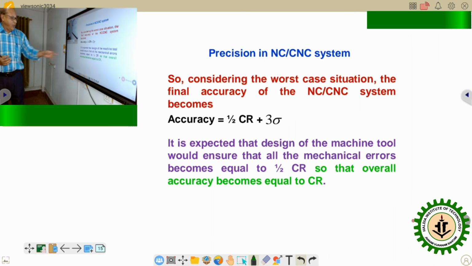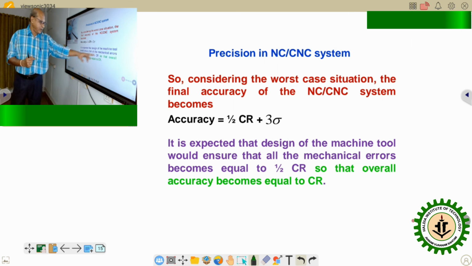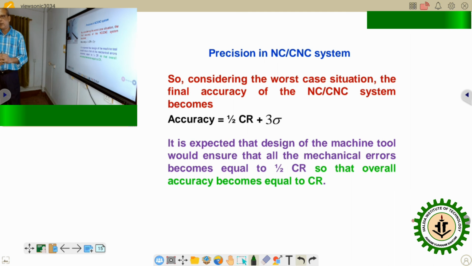That means the machine is designed to ensure that all the mechanical errors become equal to half CR, so that the overall accuracy will be equal to the control resolution. So that is regarding the accuracy part.